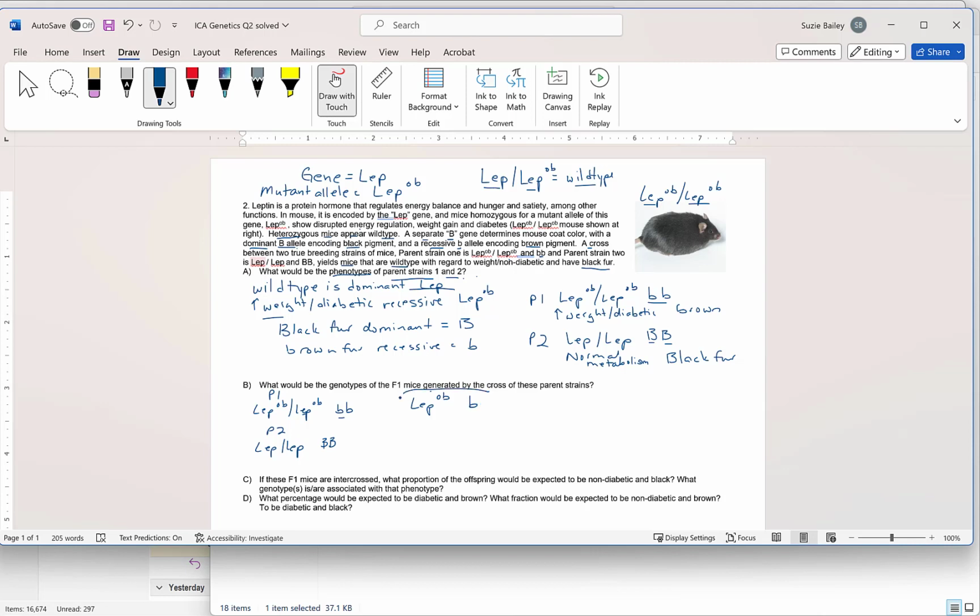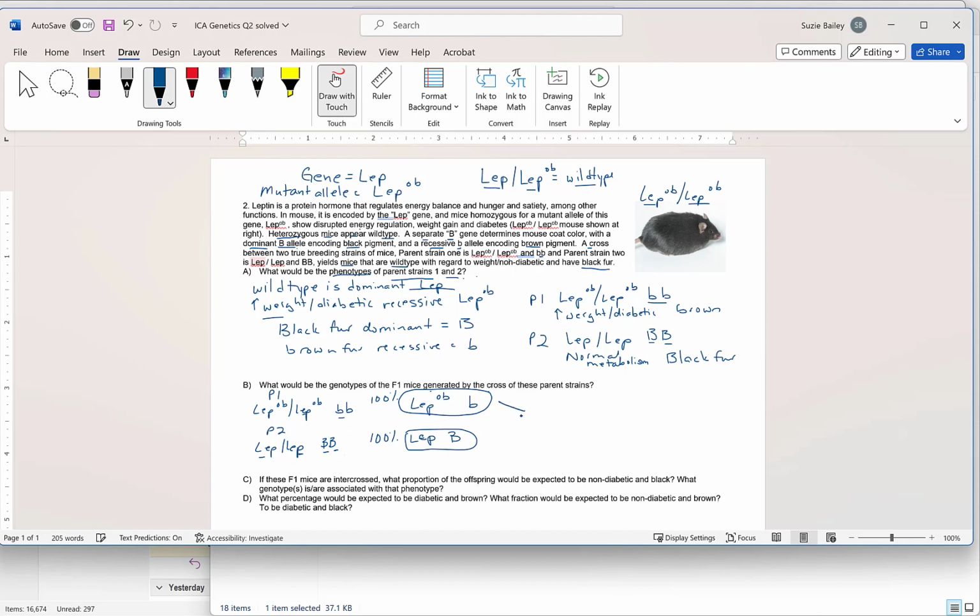So 100% of the gametes are going to look like this, right? For parent number 2, 100% of the gametes are going to have the wild type allele at the leptin gene and the dominant allele at the B gene. This parent only has the wild type allele to pass on at the leptin gene, only has the dominant allele to pass on at the B gene.